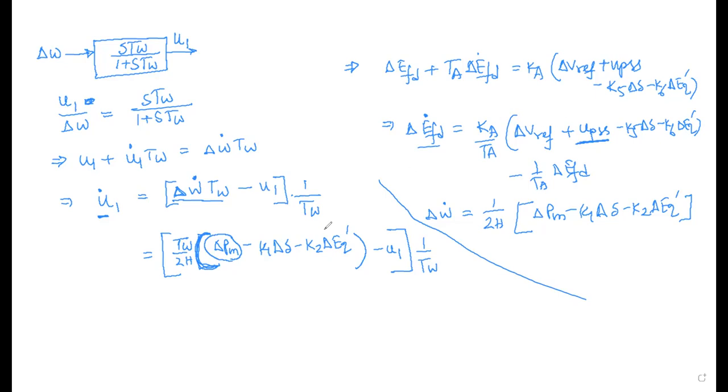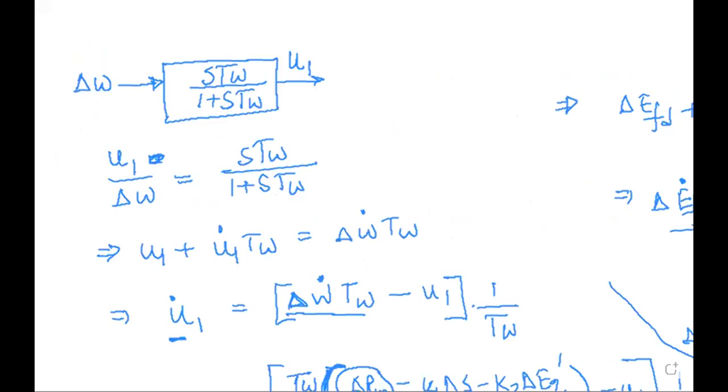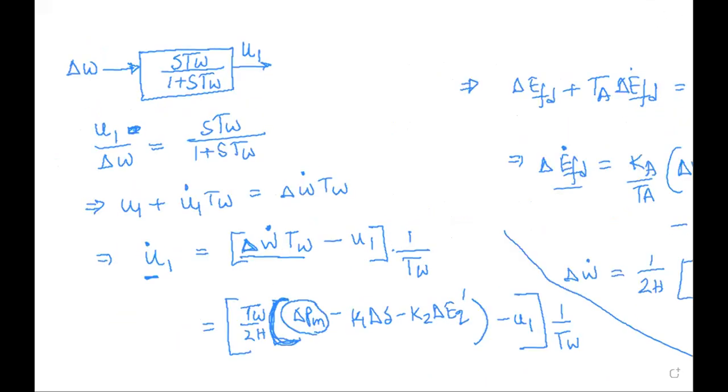So if we just try to minimize this a little bit, just for comparison. This is minus K1 by twice H. So if you compare it, minus K1 by twice H del delta.